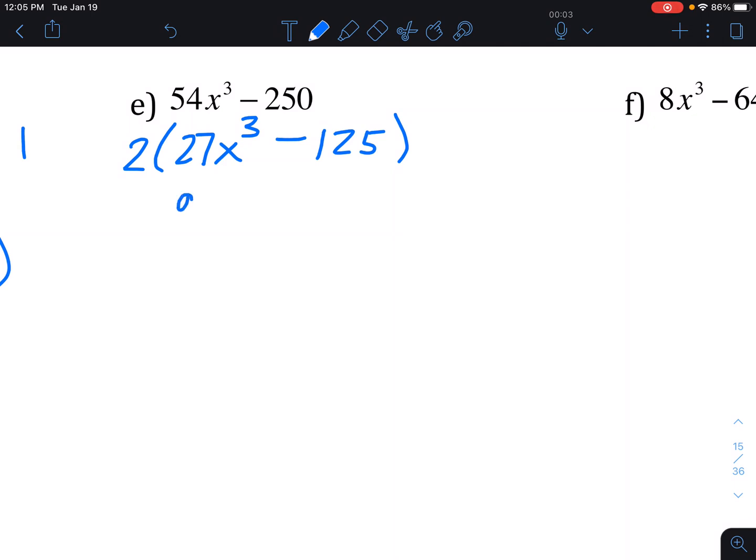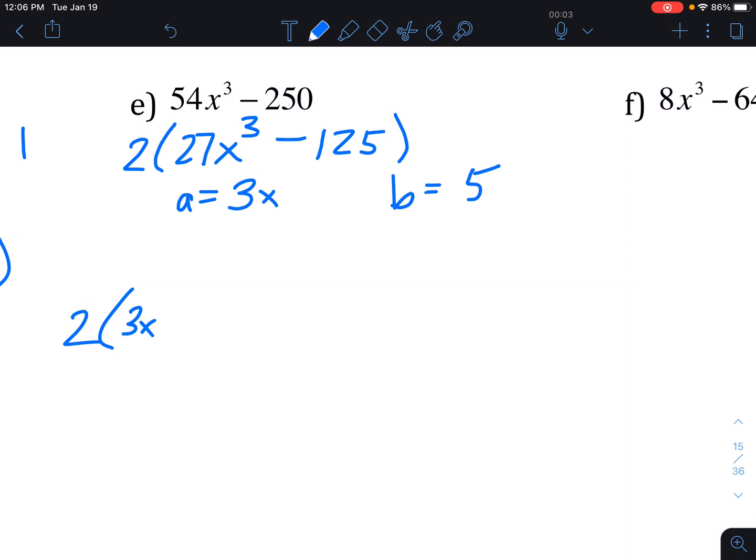So the A here, we look at 27x cubed. So the cube root of 27 we already know. We've done it like 3 times already. That would be 3x. And then the B is the cube root of 125, which is 5. So now we're going to use the formula, the difference of cubes, carry down the 2.